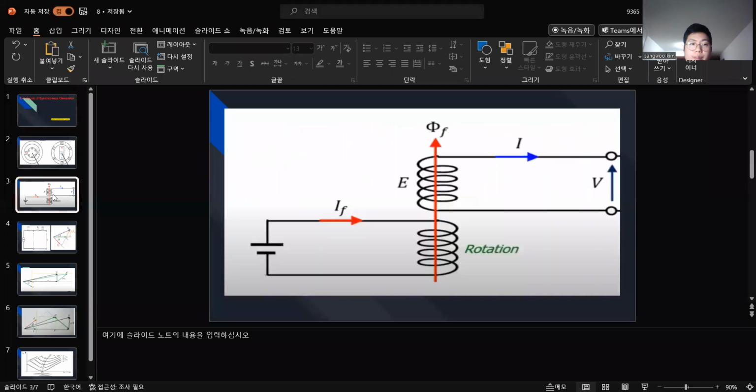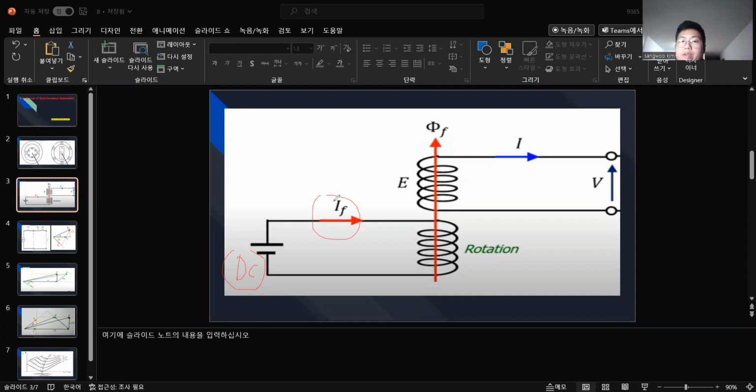So what I wanna say is here's the exciter, the DC part. It controls the magnetic field.